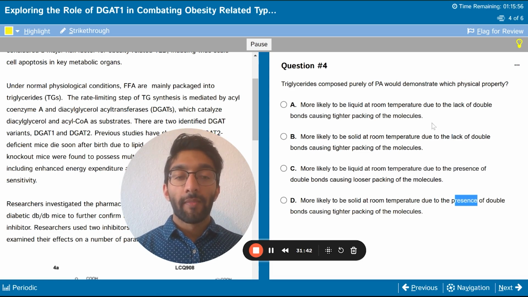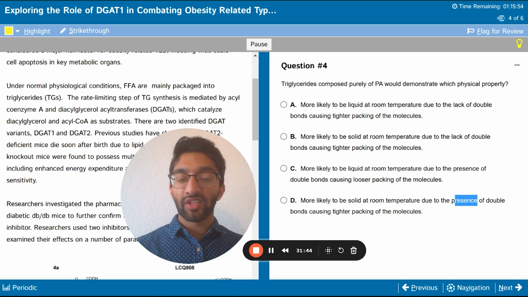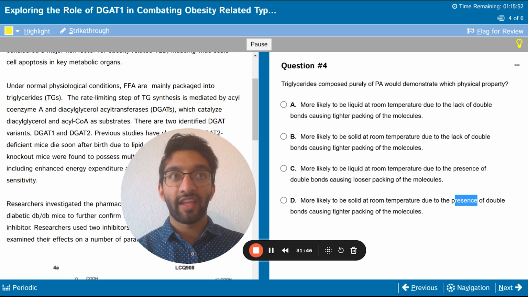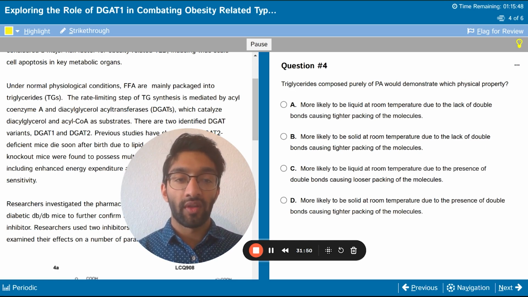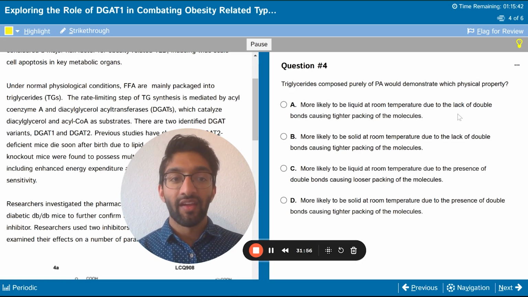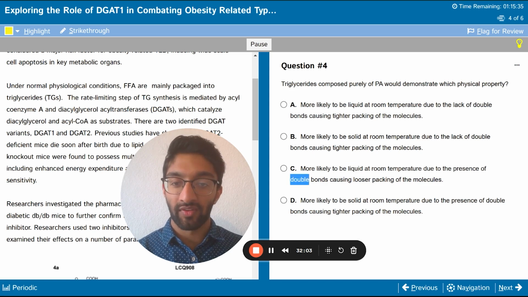Some of these answer choices we can actually eliminate because they are just not possible. If you are a liquid due to the lack of double bonds, that doesn't actually make sense, because fatty acids without double bonds tend to be solids. You're more likely to be liquid at room temperature if you have double bonds, if you're unsaturated. So for that reason, you can get rid of A.